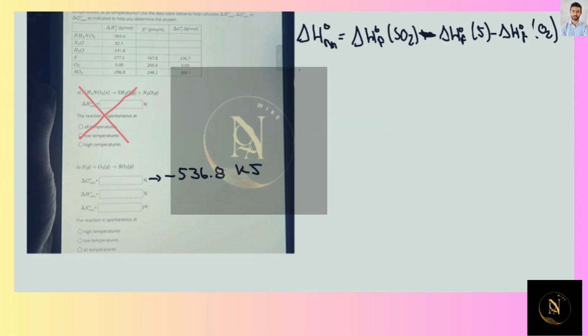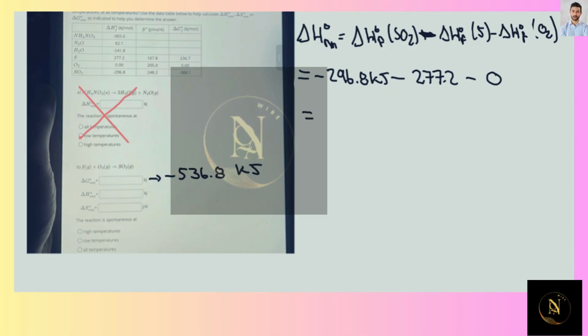Now this is going to be equal to, for SO2, a delta H of formation of minus 296.8 kilojoules per mole, but we're multiplying by 1 mole of reagent because of the reaction that we have, minus delta H of formation for sulfur, which is 277.2, minus 0.